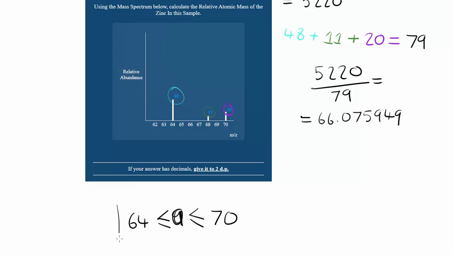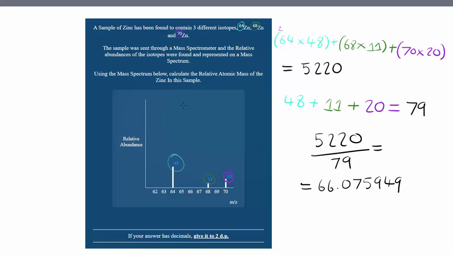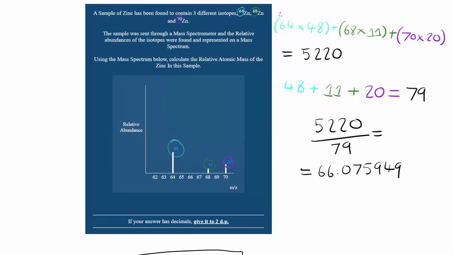So when we check our answer, it should be within this range. If it's somewhere outside of this range, given the numbers we've been provided, 64, 68, 70, we already know that probably we've made a mistake somewhere.